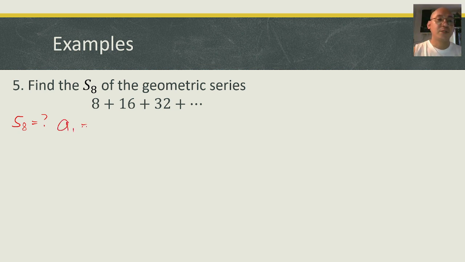The first term is 8. Next is the common ratio, which is multiplying by positive 2. So these are the givens that we have. And of course, since the series of 8 terms is what we are looking for, n is given because we have 8 terms. Okay?